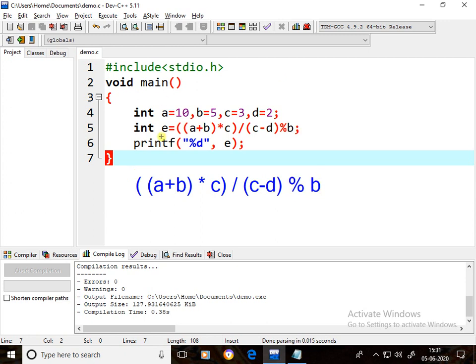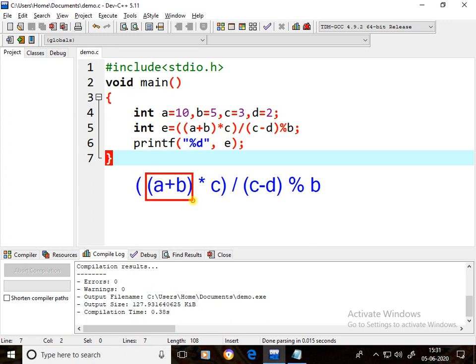See here, first of all, brackets, left to right. Here, first this bracket, next this bracket. In this bracket, an inner bracket is there, so first innermost to outermost.